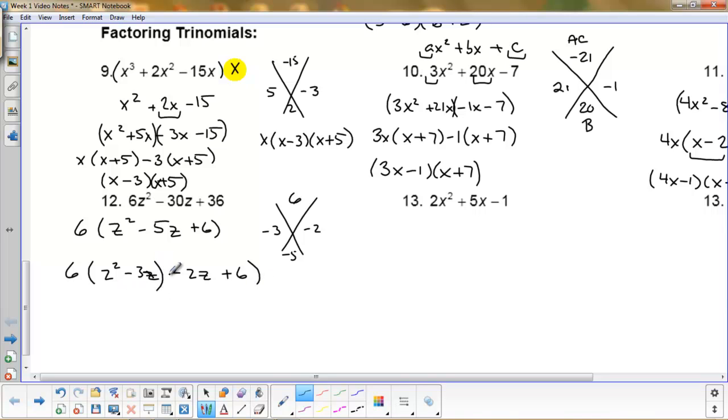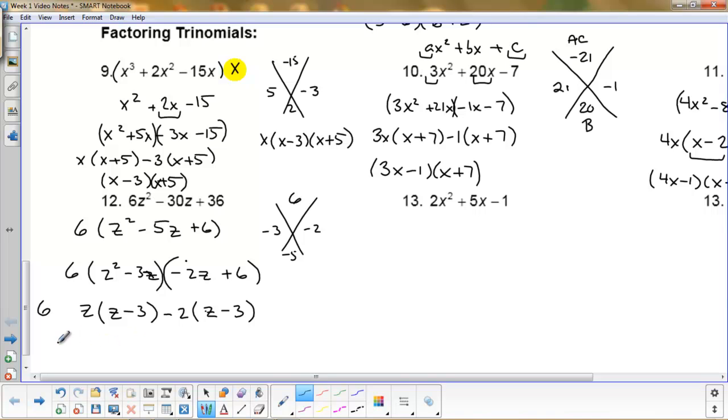I'm going to use 4-term grouping here to get my groups, and I'm going to put the 6 off to the side, but not forget about it. z times z minus 3 minus 2 times z minus 3. Sorry, my 2's and my z's look the same, so I'll mark my z's with this line across them.